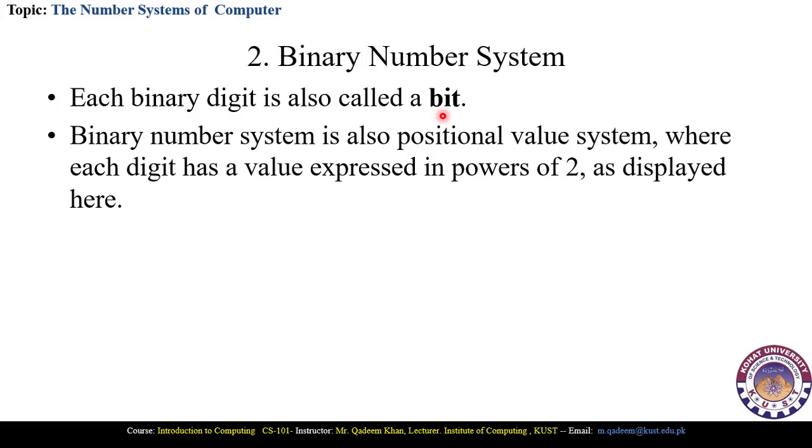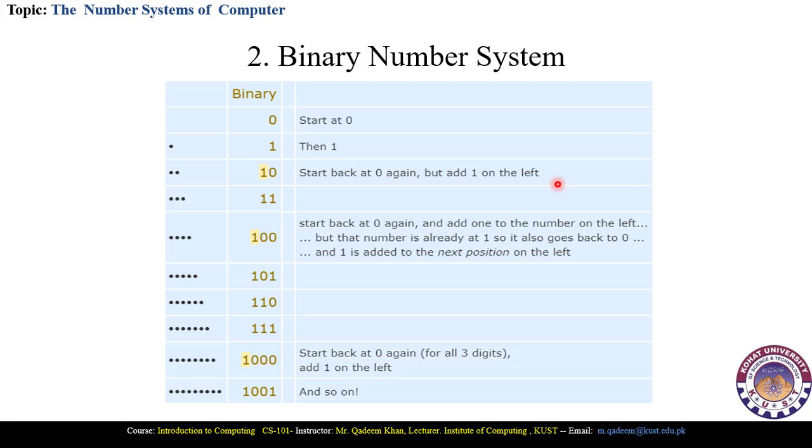The binary number system has a positional value system where each digit has a certain value expressed as a power of 2, as displayed here. Now these are examples of the binary number system in this table. When we put 0, meaning lower voltage, nothing counts here.